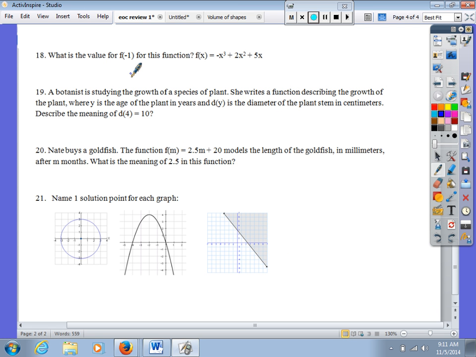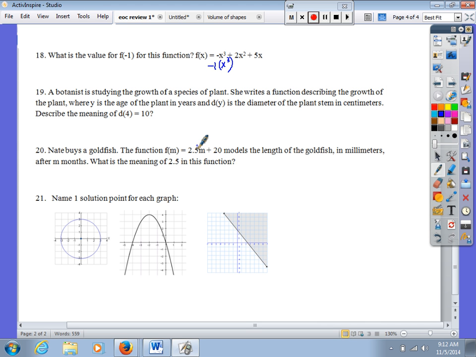Number 18, what do I do for the negative 1? Plug it in. But look, you see how there's a negative right here? That really means negative 1 times x cubed. No, that doesn't cancel out. What this means is negative 1 times whatever x cubed is.